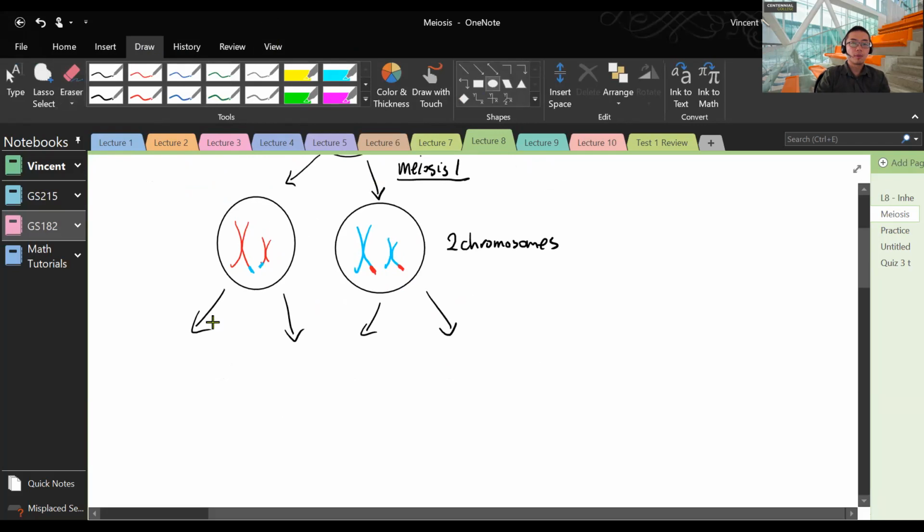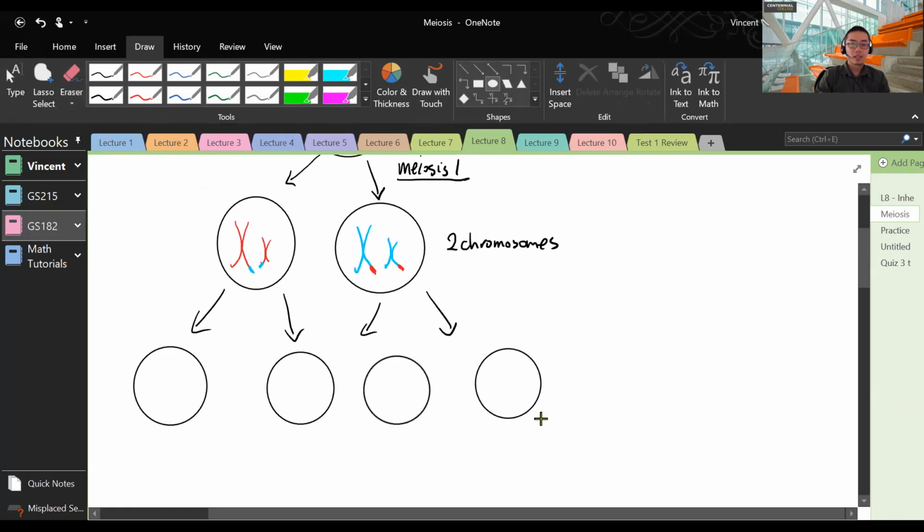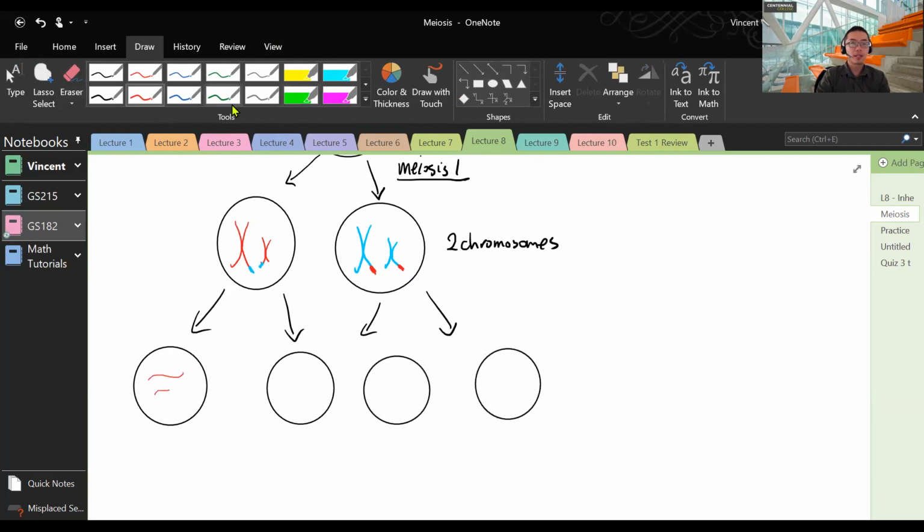I always have this problem. My drawing just ends up getting bigger and bigger. All right, and then the sister chromatids will separate. You might get this one along with the other one that has a bit of blue in it.